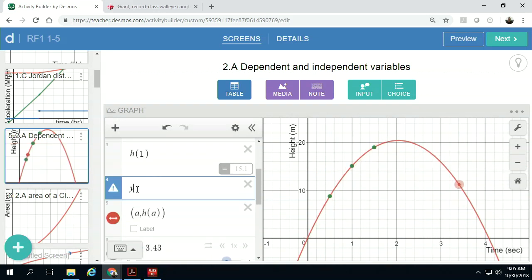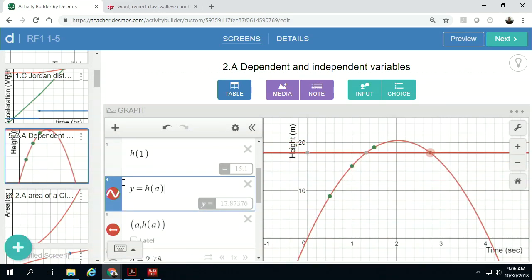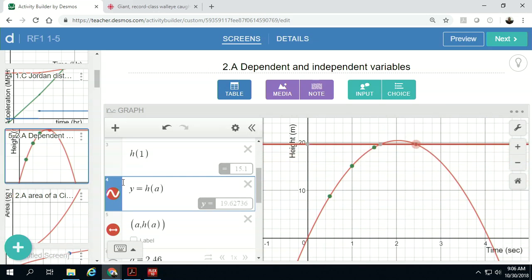Y equals h, parentheses a. There we go. So now we're going the other way around, and we are graphing the horizontal, right? The independent or the dependent variable. Well, if you're just given the independent variable, you need to go across till you get to the graph and then read down. Okay? Are there other ways that you could solve this one besides that?